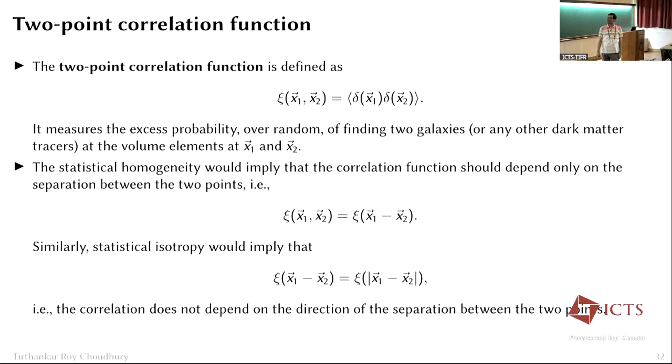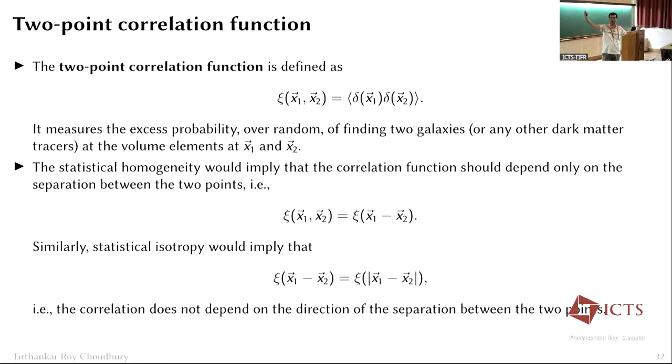But we know that the universe is statistically homogeneous. If it is statistically homogeneous, then it doesn't matter where x1 and x2 are. It can only depend on the difference between x1 and x2. Otherwise, some point here would be different from some position there.